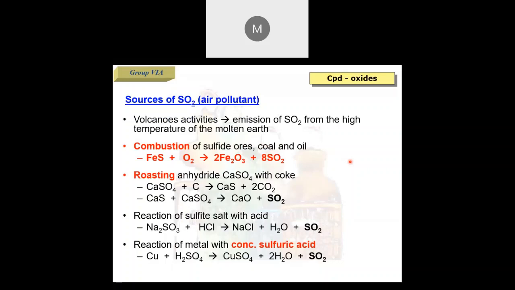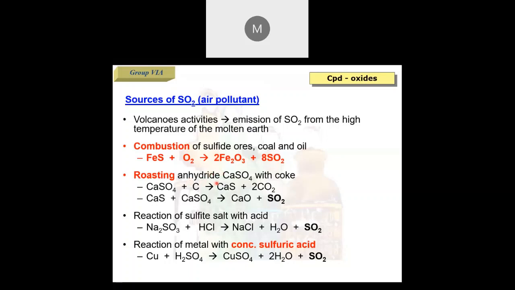Next, we have sources of sulfur dioxide. So it is an air pollutant. Volcano activities emit sulfur dioxide from the high temperature of molten earth. The combustion of sulfide ores, coal, and oil can also form sulfur dioxide.